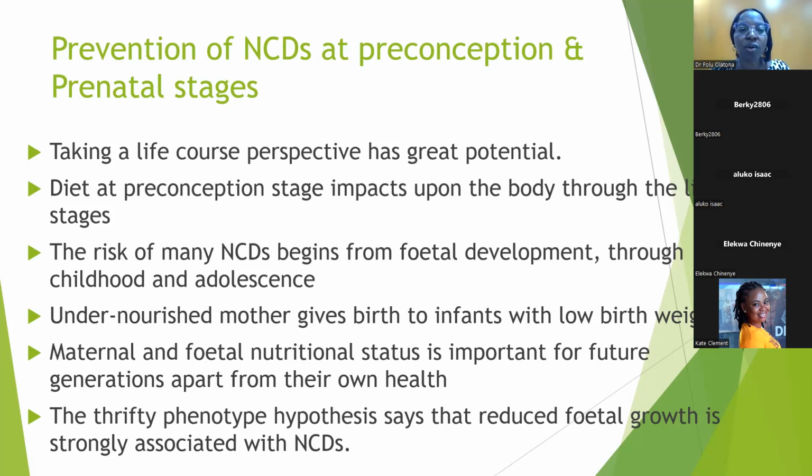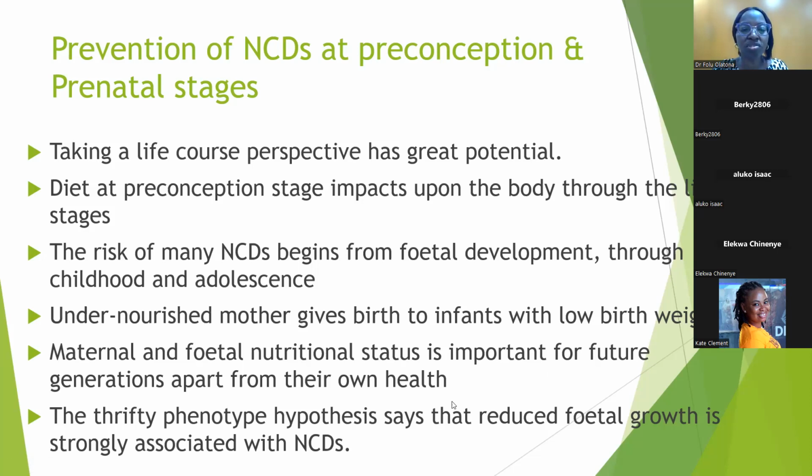The risk of many non-communicable diseases begins from fetal development through childhood and adolescence. An undernourished mother gives birth to infants with low birth weights. Maternal and fetal nutrition status is important at every stage for future generations, not just for their own health.